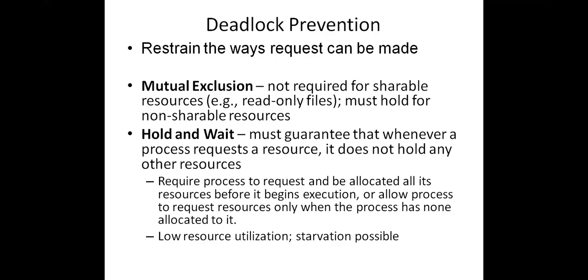For example, P1 is trying to execute a task. At that time, P1 requires three types of resources. What you need to do? You need to allocate all the three resources which are required for the execution. Otherwise, you should not allocate the resources.